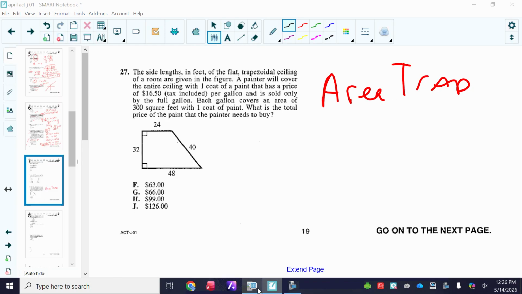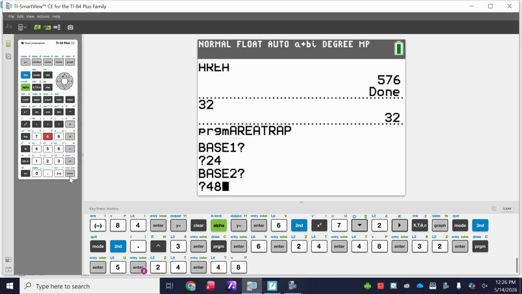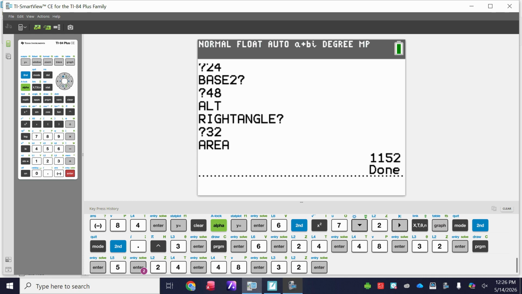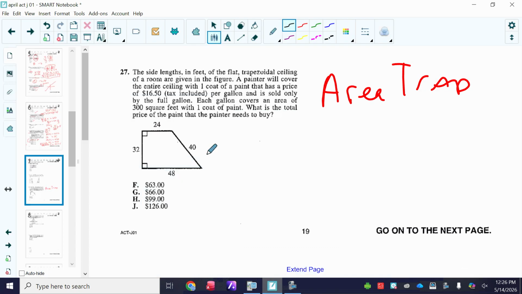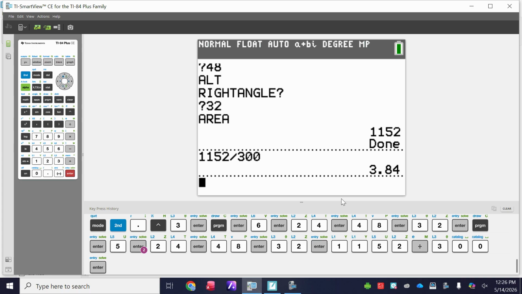So base 1 is 24, 48, and 32. So that means the area is 1152. Okay. Each gallon covers 300. So that's the famous 1152 divided by 300 is going to give you 3 point something something.